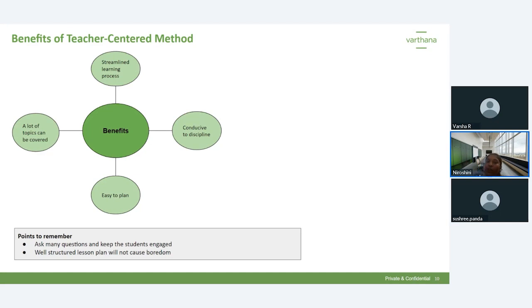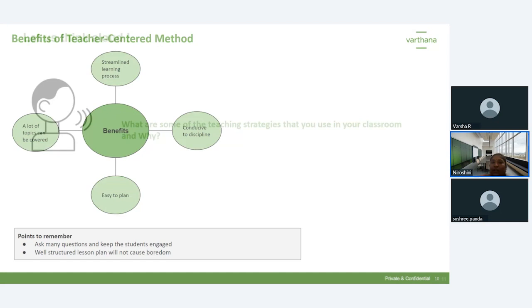So we need to ask as many questions as possible, as well as have very structured lesson plans, including a couple of quizzes in between, so that it keeps the classroom interactive. It need not be lengthy; it can be short, like one or two quiz points. Now we'll quickly see the next method.